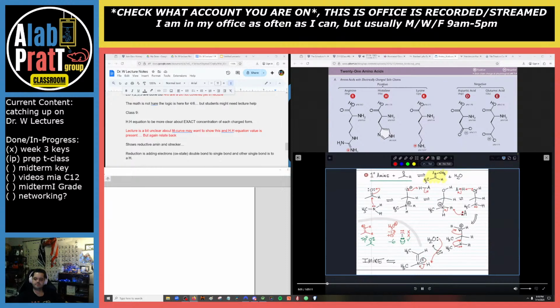Protonating the N. Water comes in. Going backwards, all the way the other way. The steps are the same, arrows are just reversed.